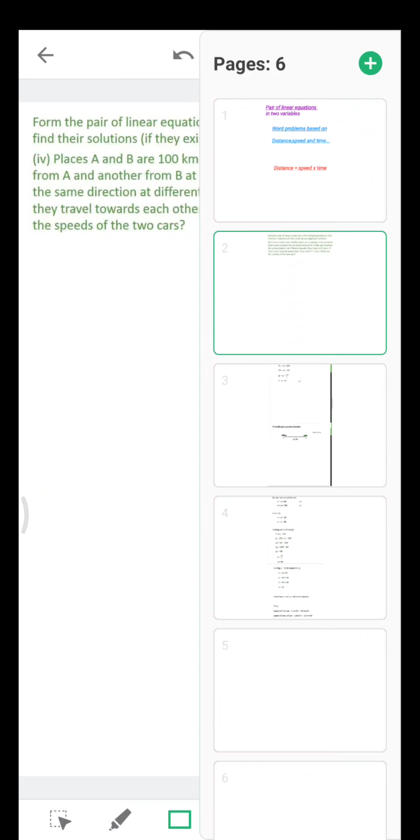Okay, so we'll make a short story on this. Suppose there were two cars on a highway which were 100 kilometers apart. One car was at point A, which belonged to police.